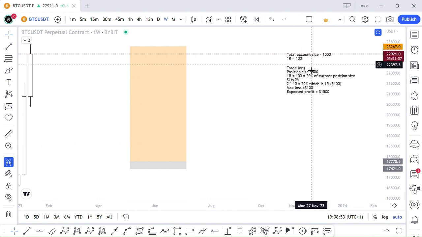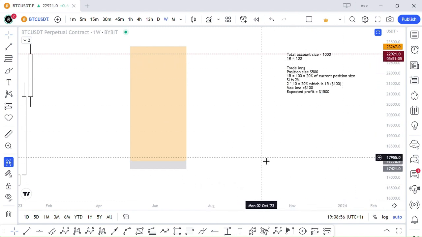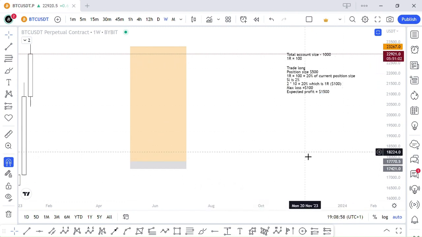Maybe we'll keep it 1R until 1500, and then change it to 150 as 1R. And if it goes to 2000, every $500 maybe we can make it an increase and make it the actual 10% of the account size. But until the $500, the 1R will remain $100. Do you understand what I'm saying?